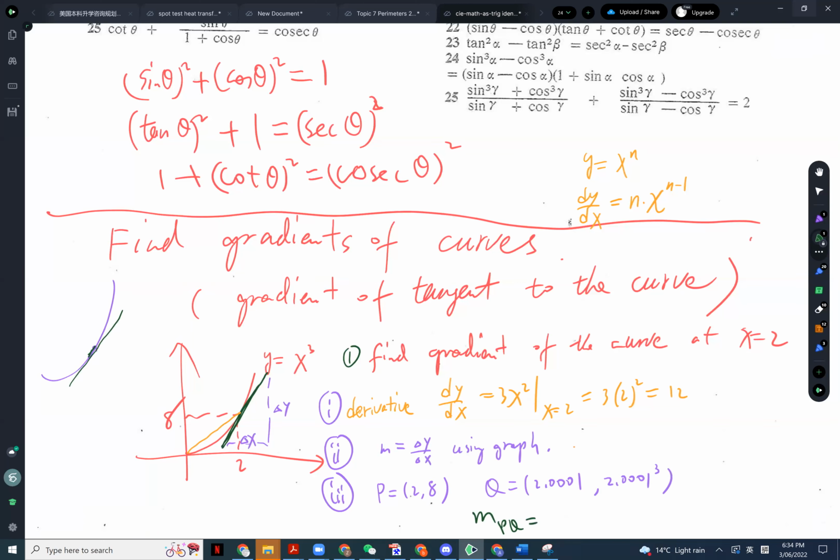If x equals 2.001, y is just x cubed. Everybody try to work out using the calculator.